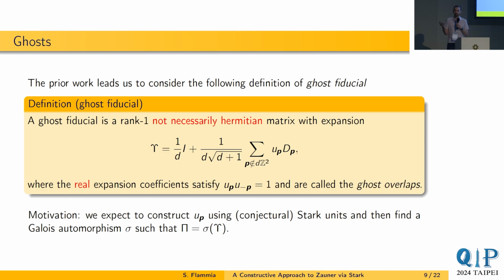I'm going to call such an object, if it exists, a ghost. The motivation, as I said, is we expect to be able to construct these numbers using conjectural Stark units. Then we hope to find this Galois automorphism, something that can flip the sign in this number field, so that if I act with the Galois automorphism on the ghost, I can resurrect it and build my seek P of M.